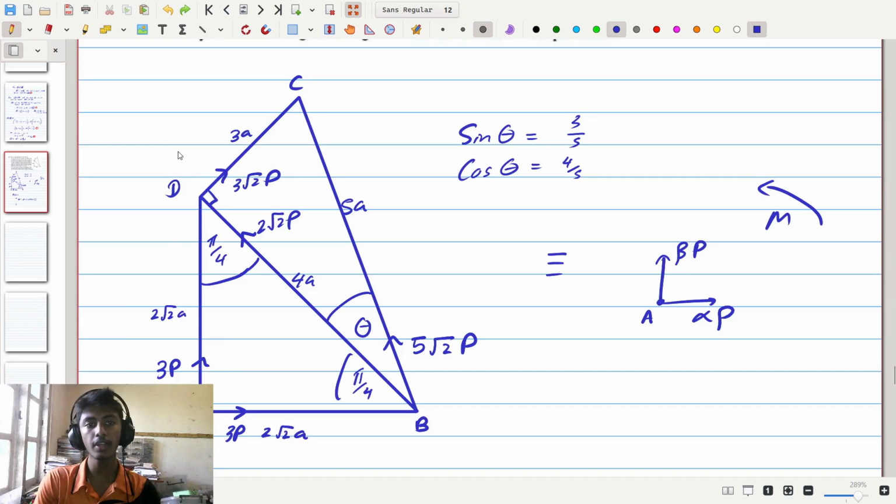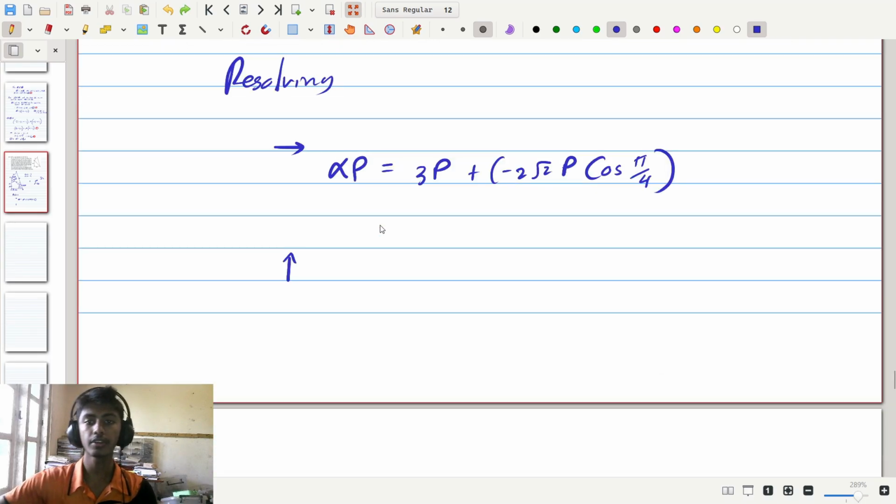Now we have 3 root 2p in this direction, and since this angle is pi by 4, this angle is also equal to pi by 4. So we need the cosine component, which is 3 root 2p cosine pi by 4, and it's in the positive direction, so we write plus 3 root 2p cosine pi by 4.